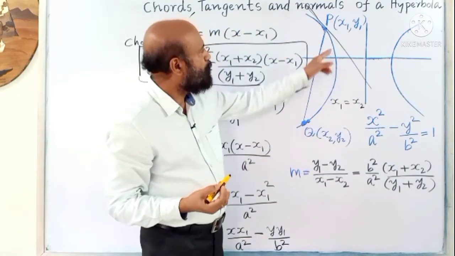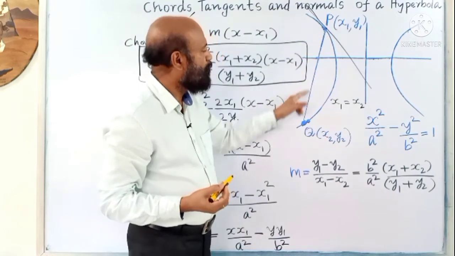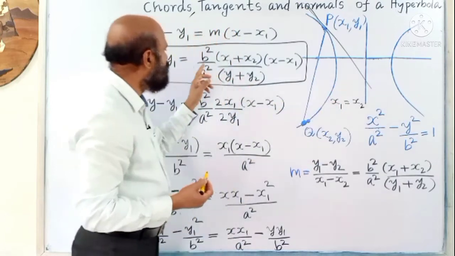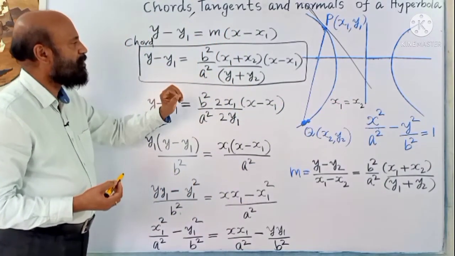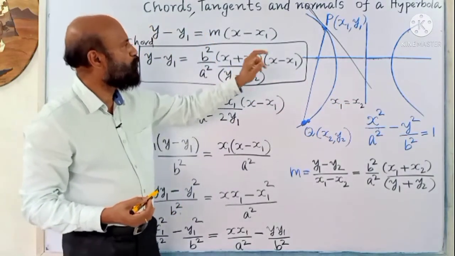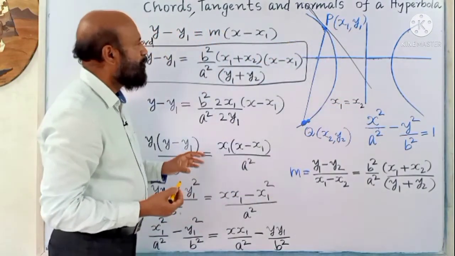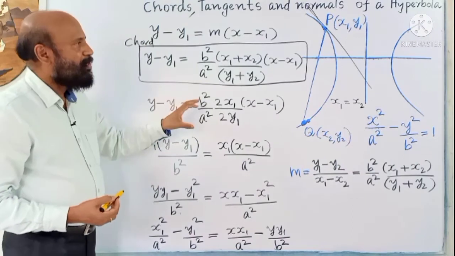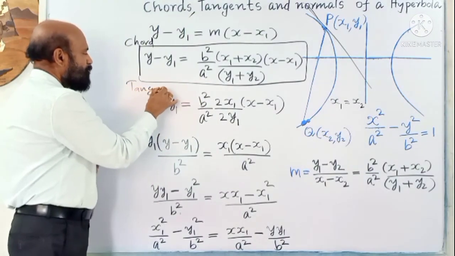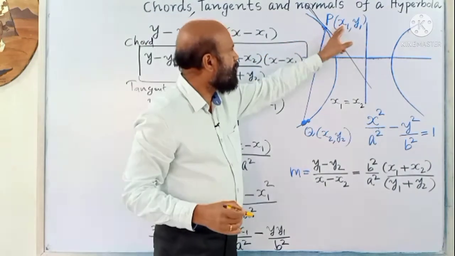When Q coincides with P, the chord will become the tangent. That means in this equation, instead of x2 you write x1, and instead of y2 you write y1. Then you will get the equation of the tangent at the point P, x1, y1.